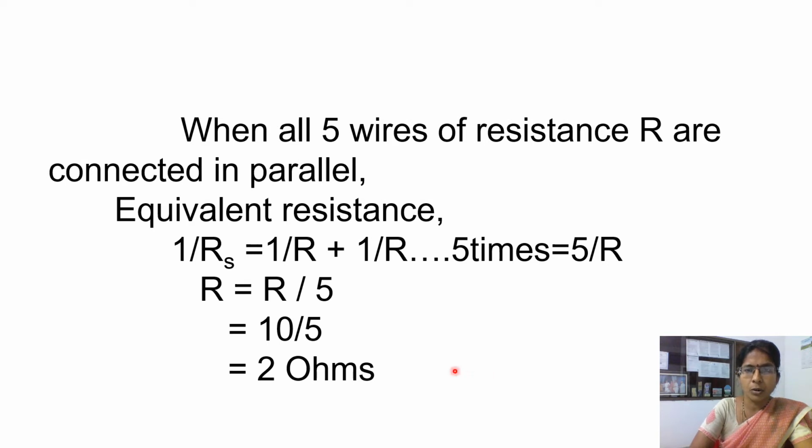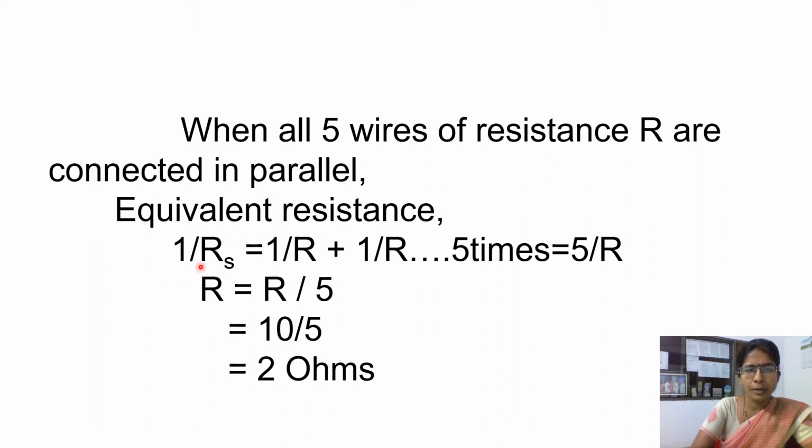Then when all these 5 wires of resistance 10 ohms are connected in parallel, the equivalent resistance is, we know that in parallel connection 1/R equivalent of parallel is equal to 1/R plus 1/R, and so on 5 times. So here we are calculating the equivalent resistance in parallel combination.